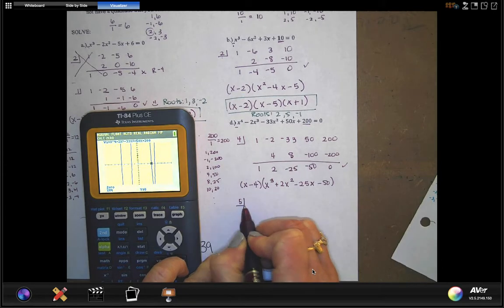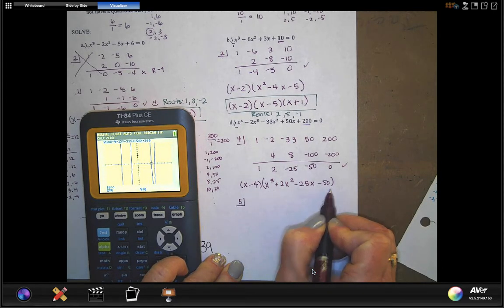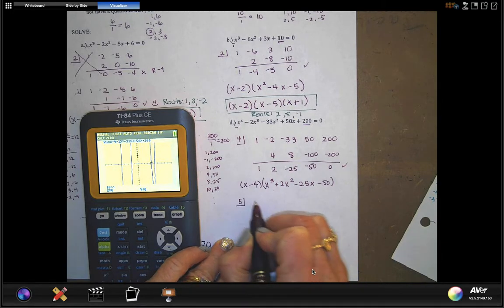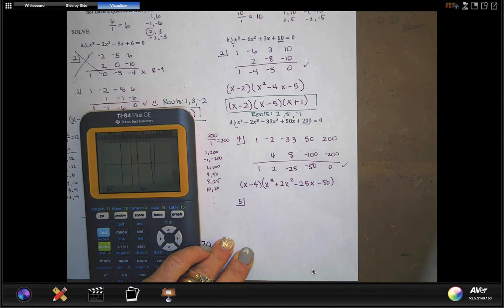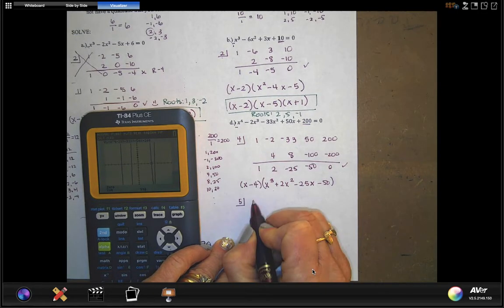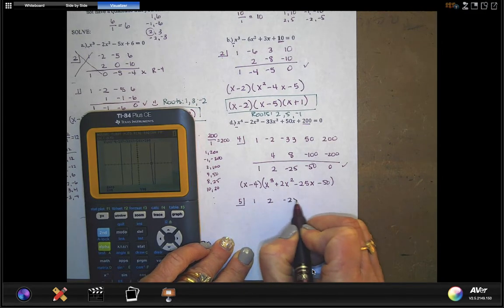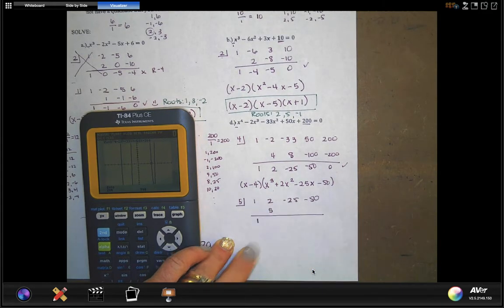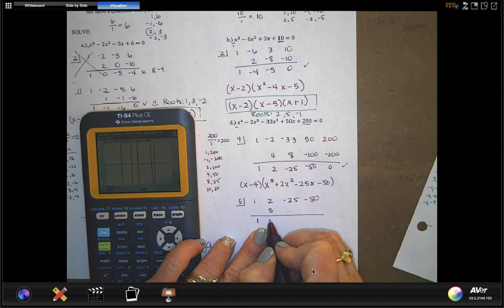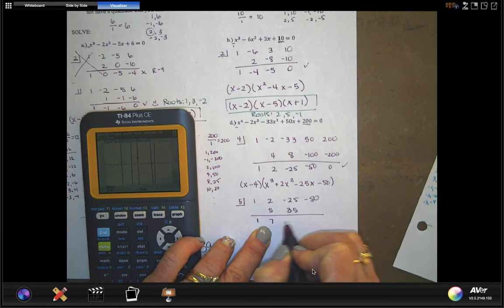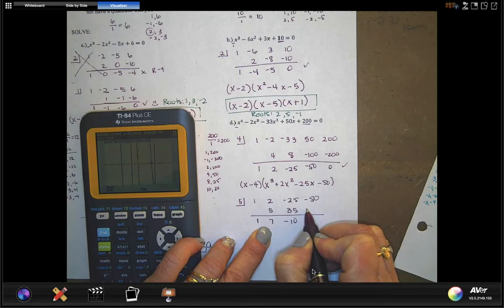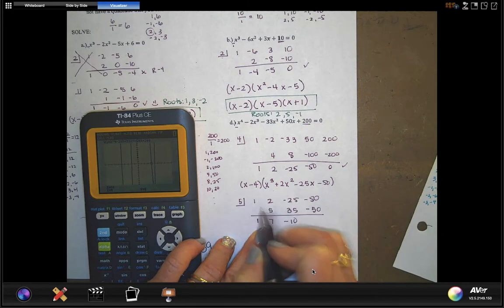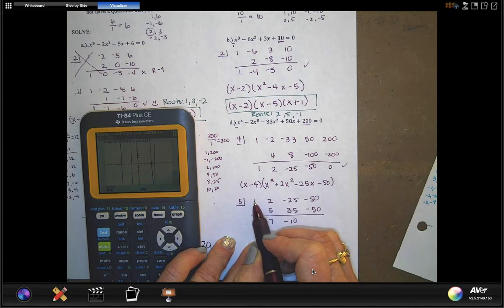So I'm going to do the 5, and I'm just taking this part right here. So 1, 2, minus 25, minus 50, 1, this is 5, this ends up being 7, this ends up being 35, this ends up being negative 50, and what did I do wrong here?